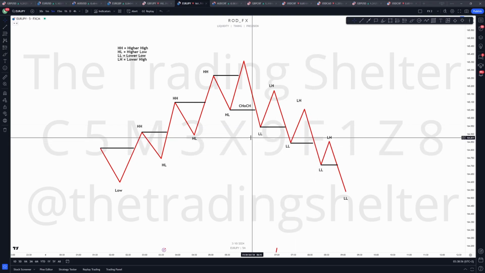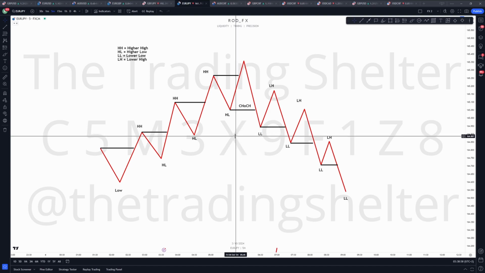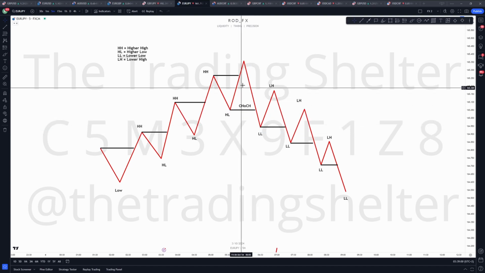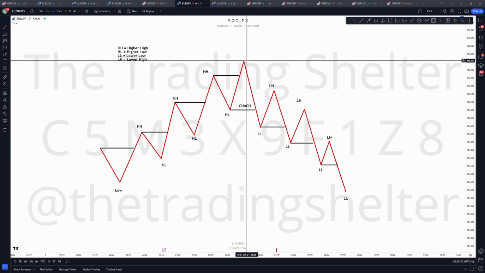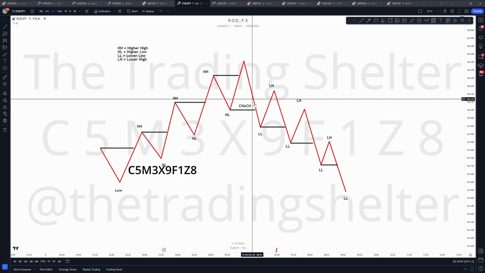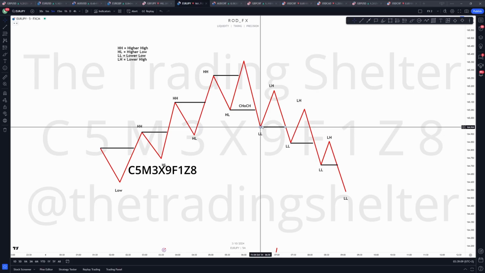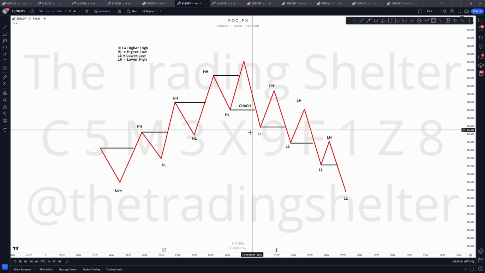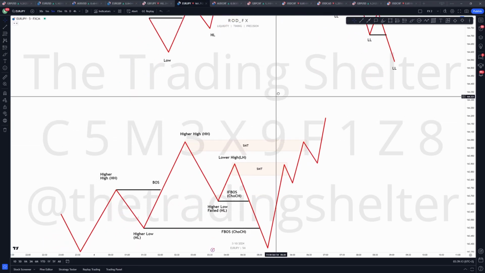This point made a new high, so this higher low is confirmed. Now the higher low fell because it closed below and it becomes a lower low. Let's go below and see a graph that I did.